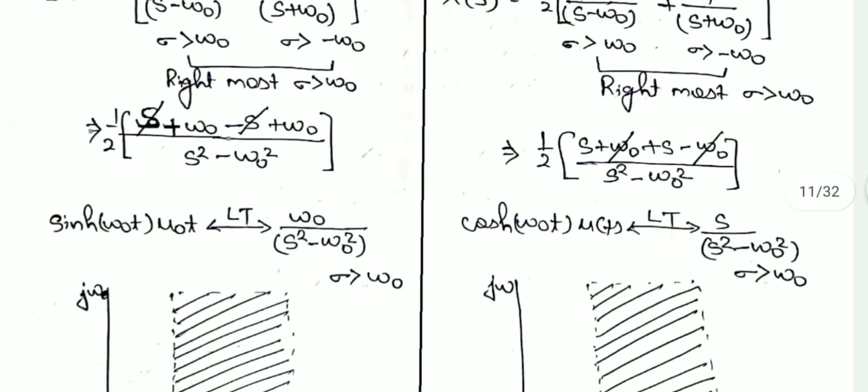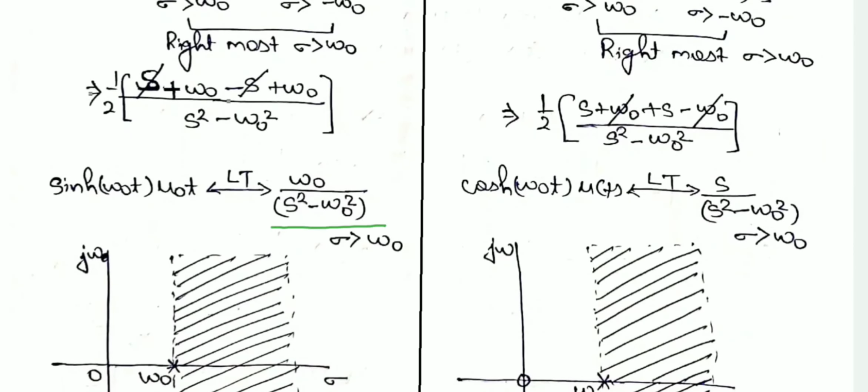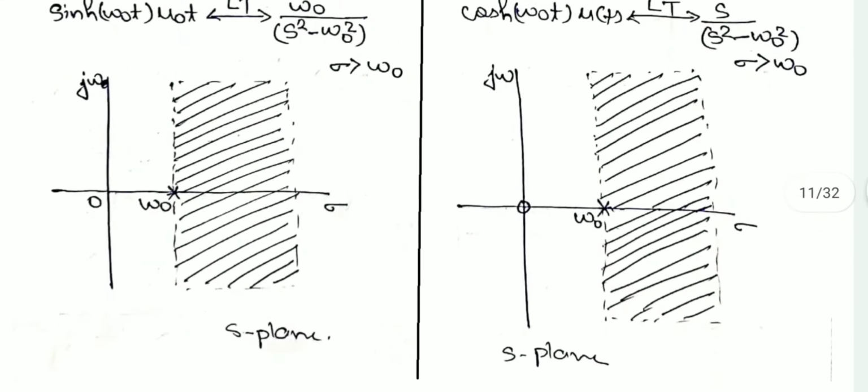Now combining both the signals, we get omega naught over s square minus omega naught square for sinh, and similarly s upon s square minus omega naught square for cosh. The sinh has two poles: s square equal to omega naught square, so s is equal to plus minus omega naught.